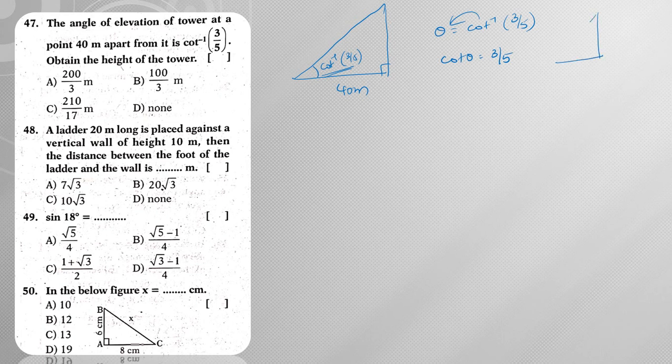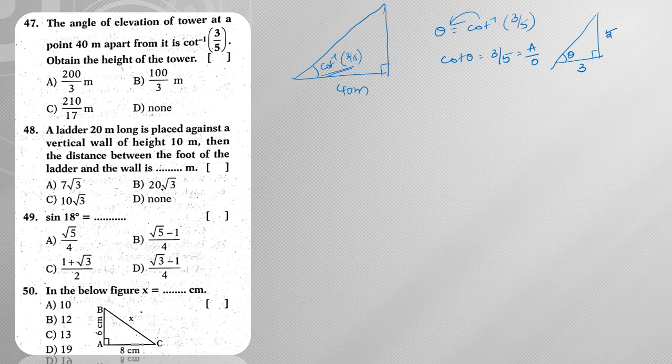Based on this, if I make a similar triangle, if this is my theta, and cot theta means, what is meant by cot theta? Adjacent by opposite. So adjacent is 3, opposite is 5, right?